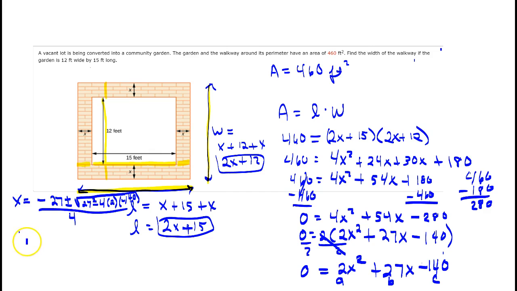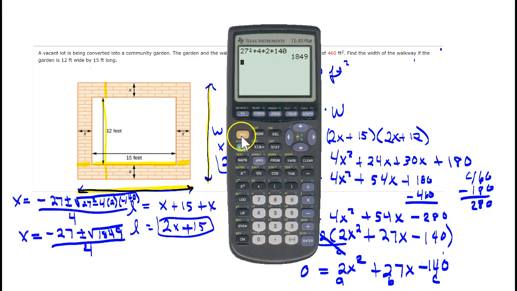So x equals negative 27 plus or minus the square root of 1849, all over 4. I'll bring my calculator back up and let's see if that's a perfect square. I cross my fingers and we'll hope it is. 1849, enter, and it is 43.